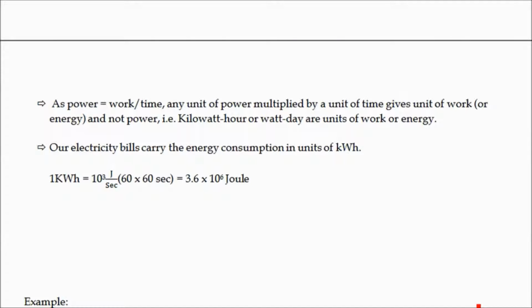The next concept is that as power is equal to work divided by time, any unit of power, if it is multiplied by a unit of time, gives you the unit of work or energy, not the power. That is, as we know, power is equal to W by T. So if we multiply any unit of power with time, it gives you the unit of work or energy, not the unit of power.